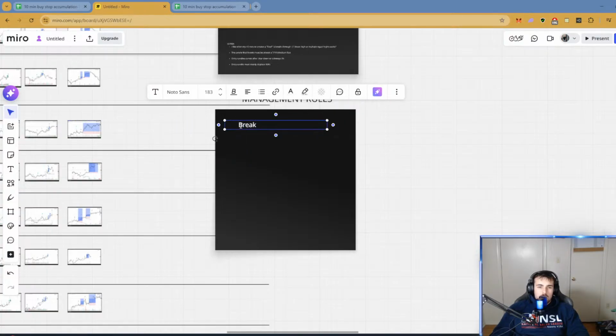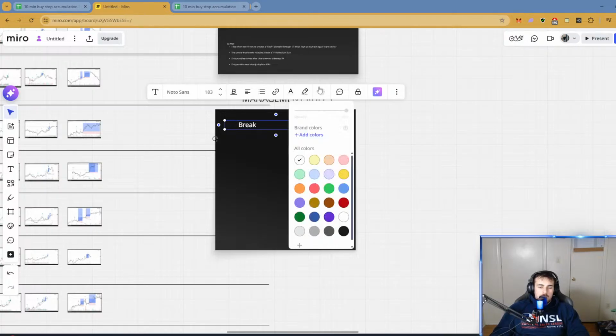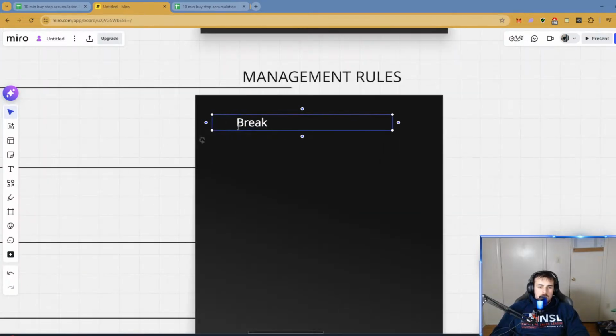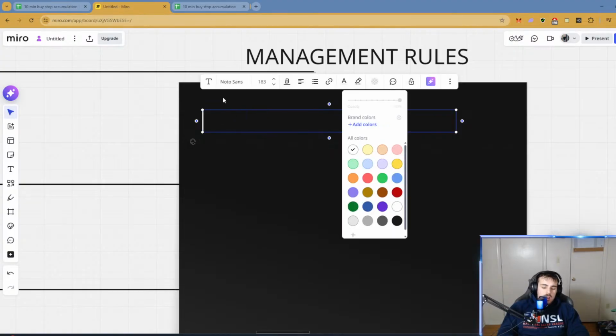I just like that rule. It's a nice early break even rule, and you don't have to confuse yourself with a specific candle pattern to reach break even. Break even at 1-to-1.